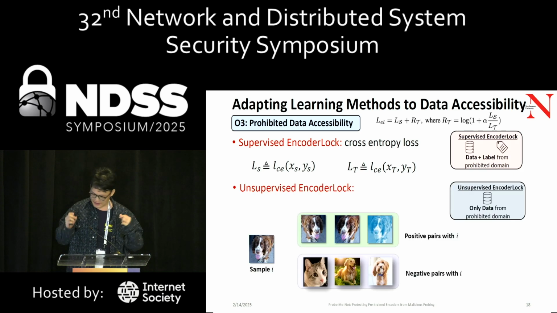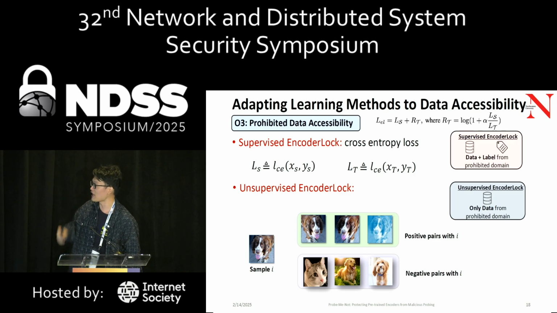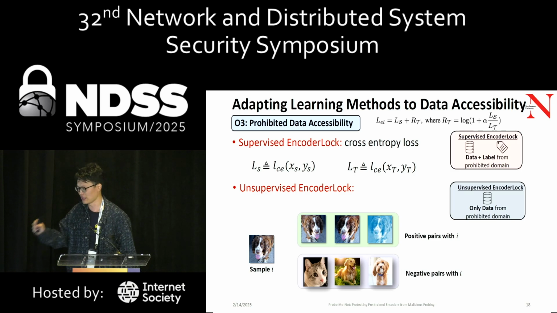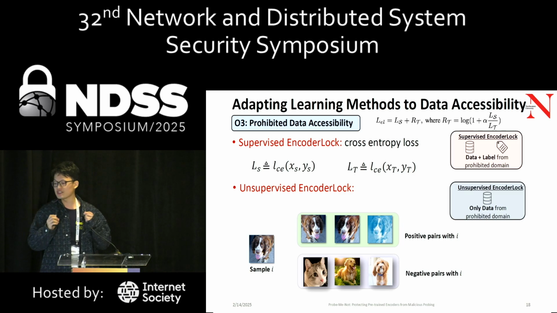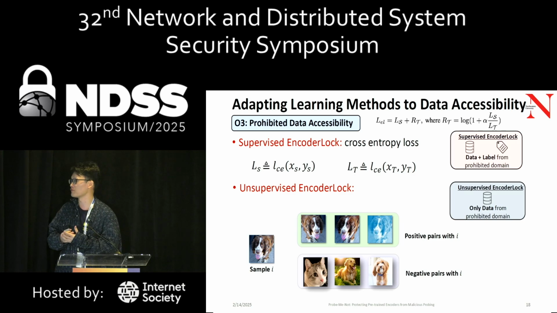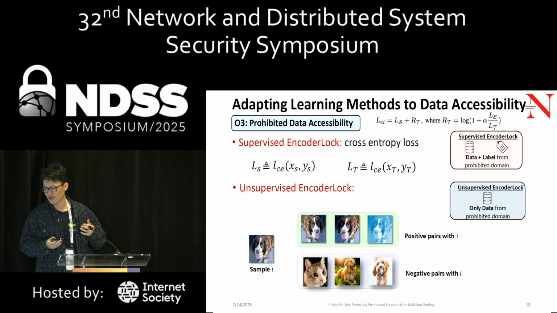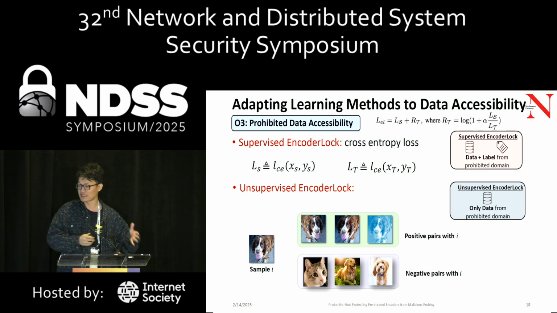So the next scenario is what we call the unsupervised encoder locker. The goal is that we only have this data, but this data is not labeled. How we deal with this scenario is that we divide one batch of data into two types, similar to the idea of contrastive learning. We have positive pairs with sample i, meaning the augmentation samples of the same sample, and negative pairs from different samples.